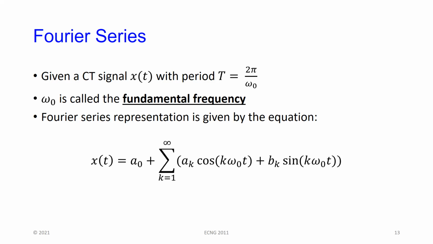So the Fourier series in sort of 3 points is that given a continuous time signal with a period of some 2 pi over omega naught, it must be periodic, where omega 0 is called the fundamental frequency. You can now represent that signal in this form as a sum of sinusoids, as a DC, something here which is a constant or a DC value, and then a sum of sinusoids, cosines and sines.